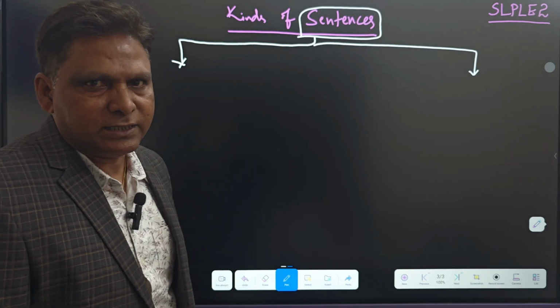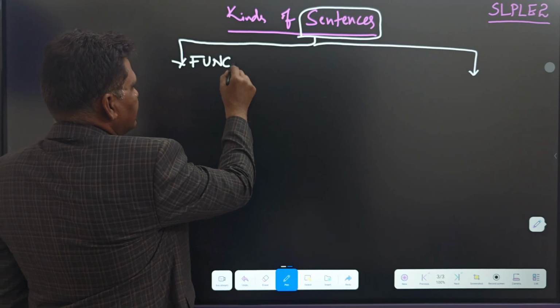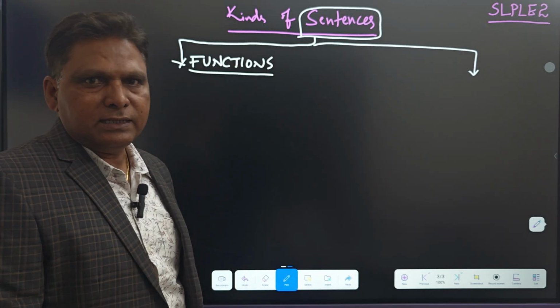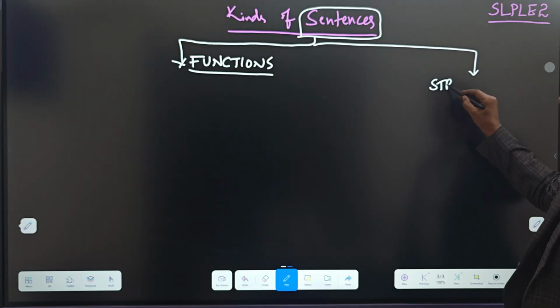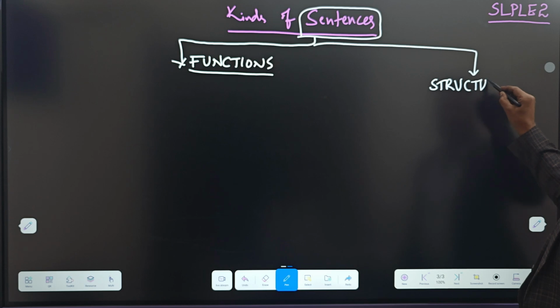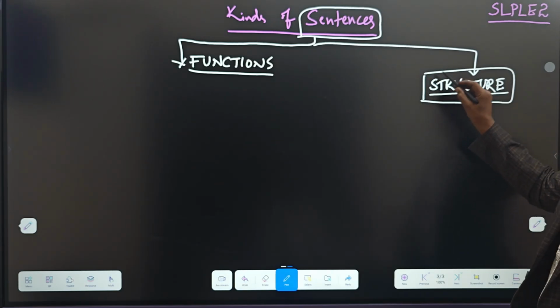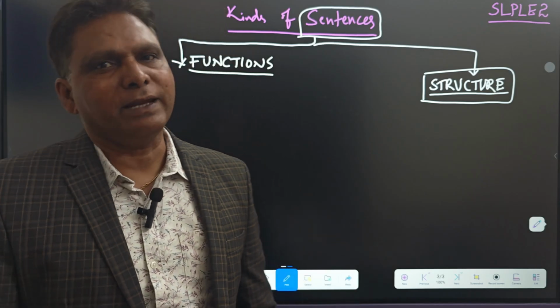On one side of this tree diagram, you will find functions of sentences. On the other side of the tree diagram, you will find structure of the sentences. This is completely related to pure grammar or deep grammar.